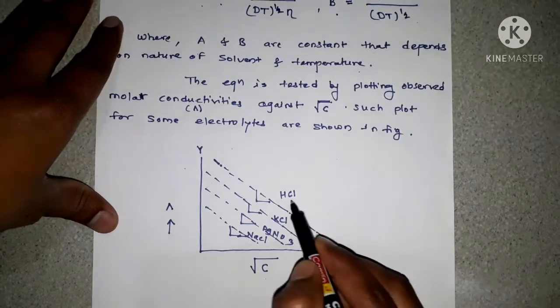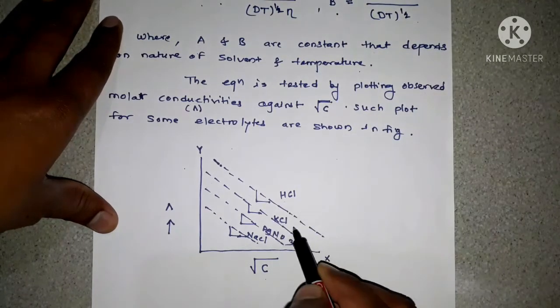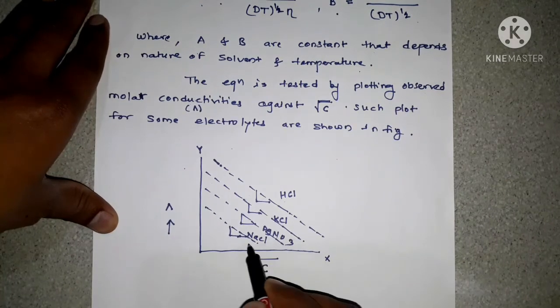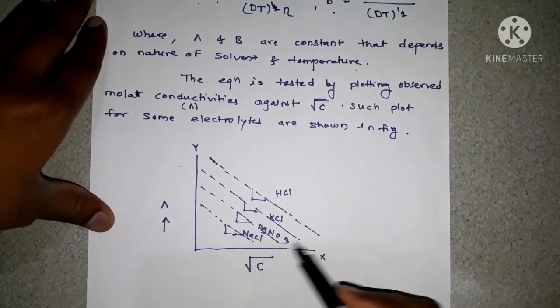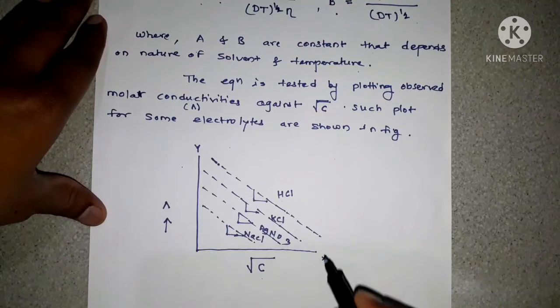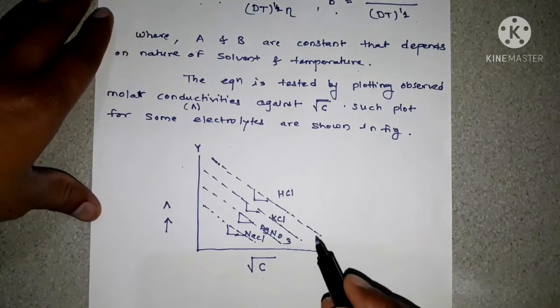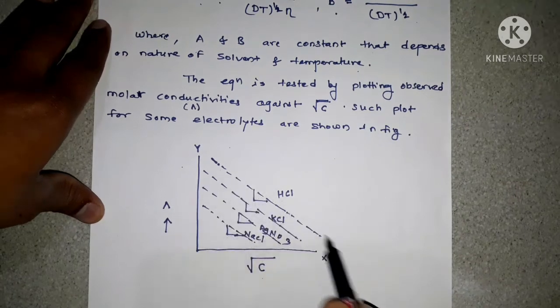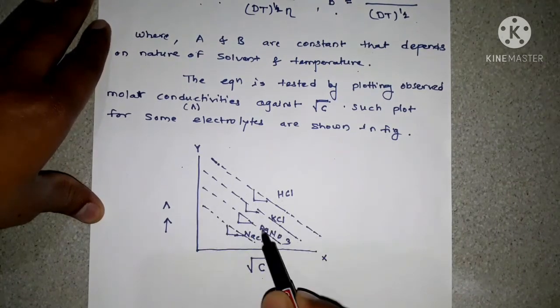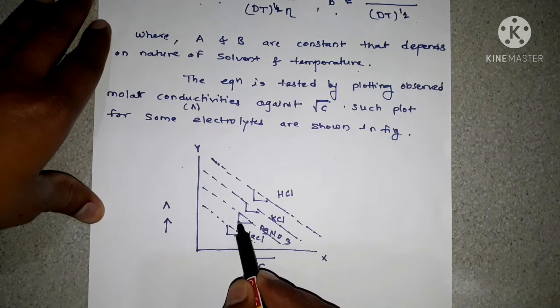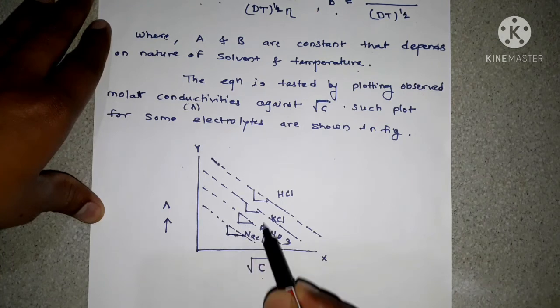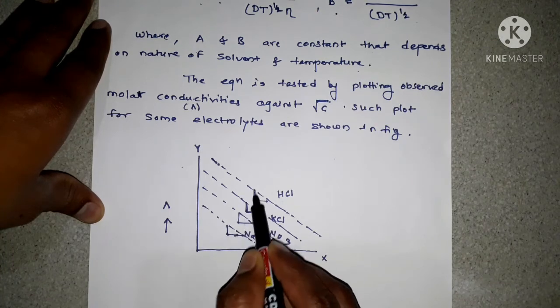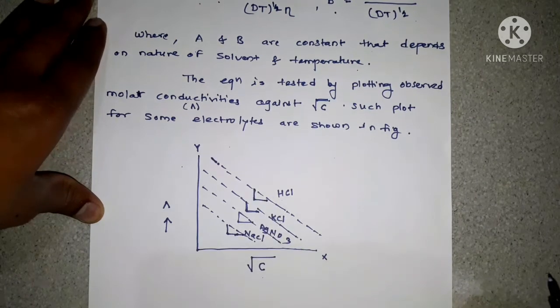So let us see, HCl, KCl, AgNO3, NaCl are all electrolytes, and for these electrolytes we get a straight line graph, and it forms a negative slope. The slope is negative.